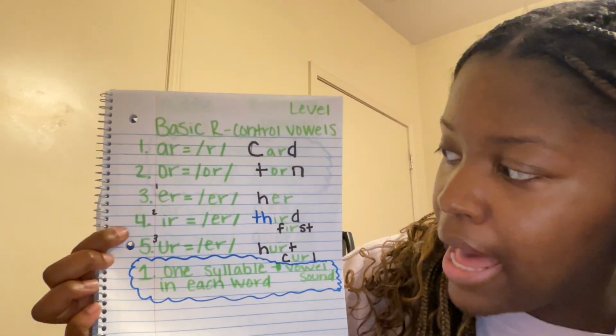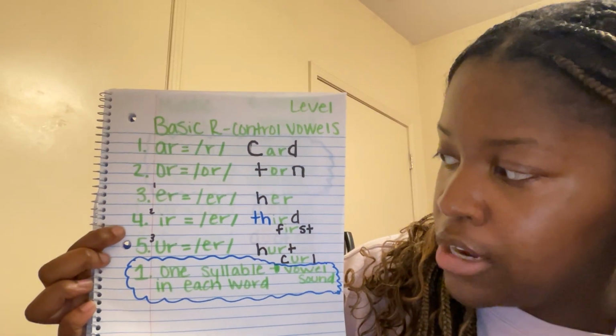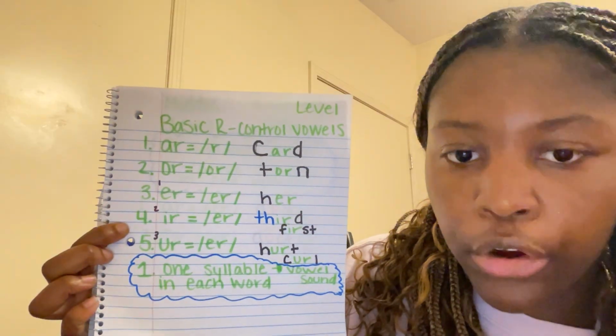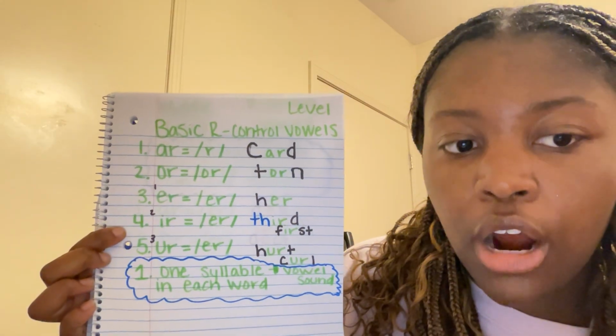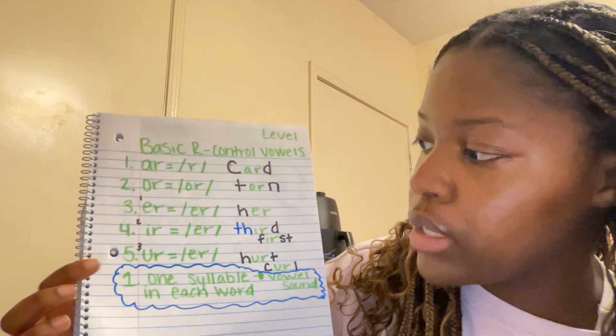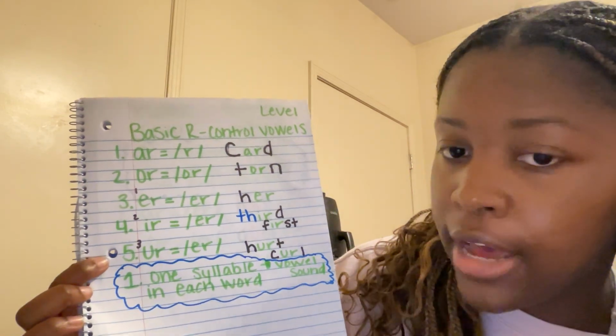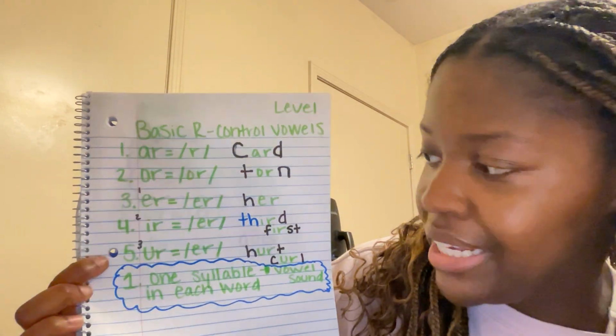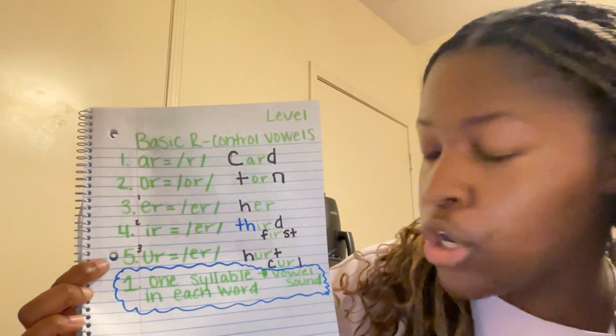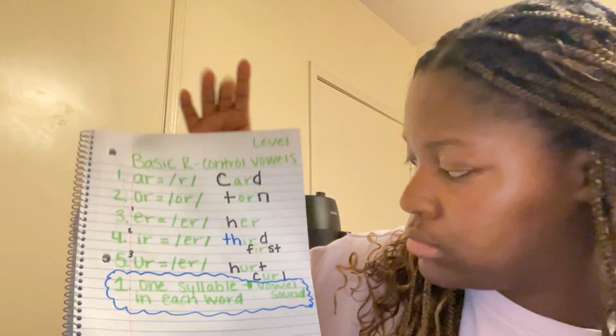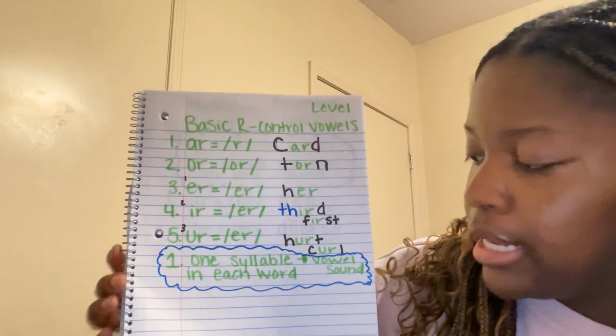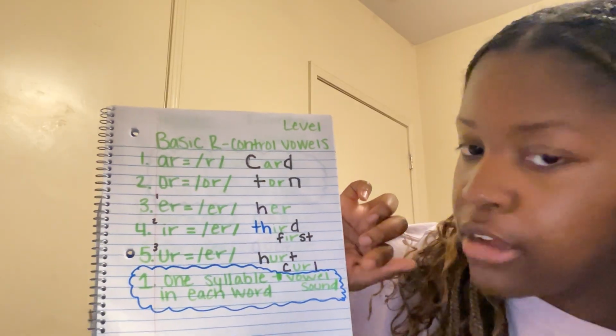Next, I have IR that makes er, like in third or first. Lastly, I have UR that makes er, like in the word hurt or curled. And then I made a note that says 1 syllable in each word. And then in parentheses, I put vowel sound.